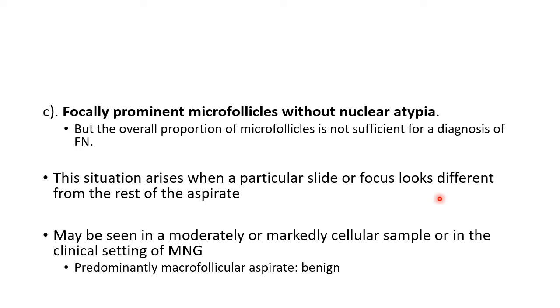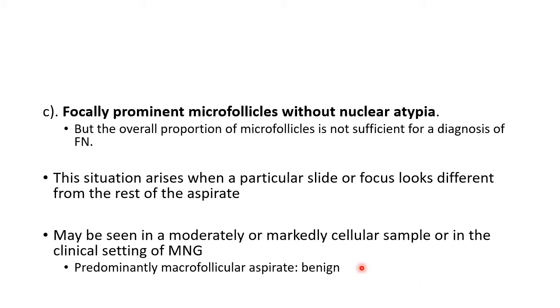So most of the aspirate is showing benign follicular cells, but one particular slide or area shows predominantly microfollicular cells. In those cases, there is no nuclear atypia but only architectural atypia which is focal. So in those cases, you will call it AUS with architectural atypia.